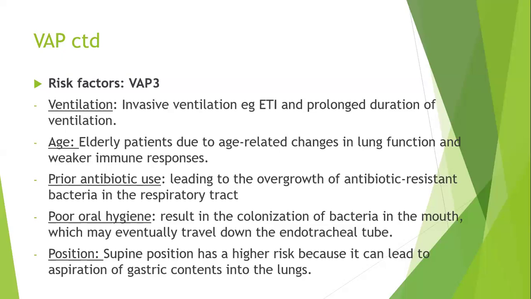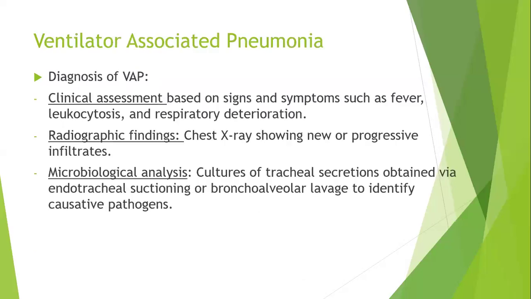Poor oral hygiene, which we're going to look at as part of the prevention bundle of ventilator-associated pneumonia. Supine position also carries a higher risk because patients are prone to aspiration of gastric contents.